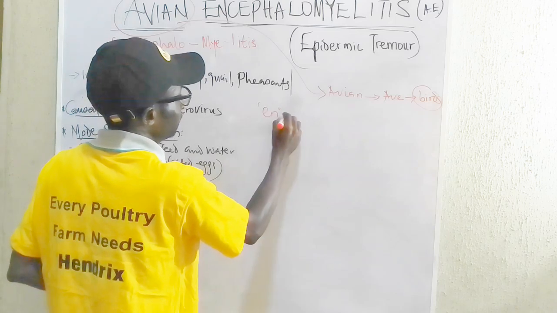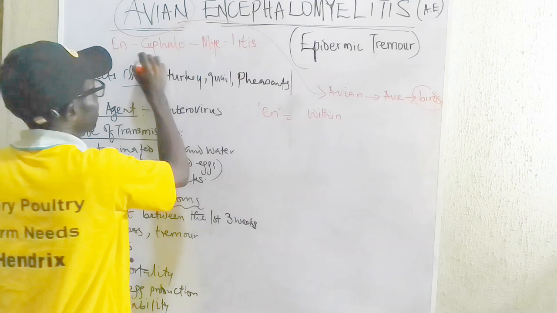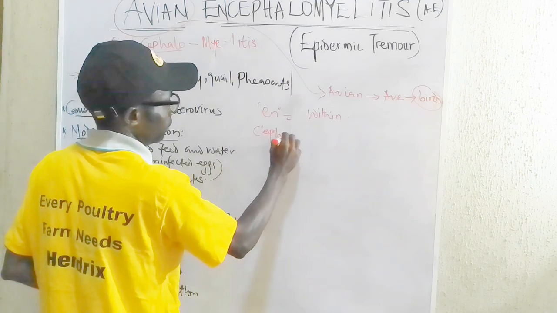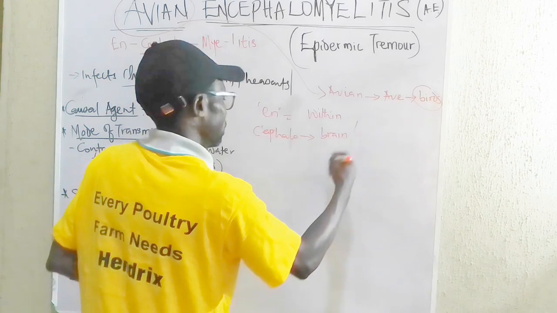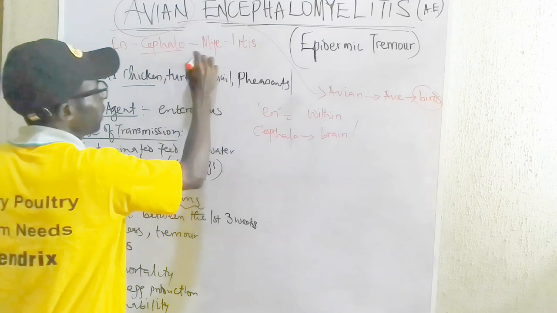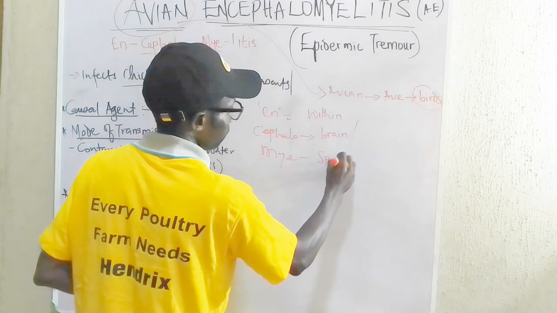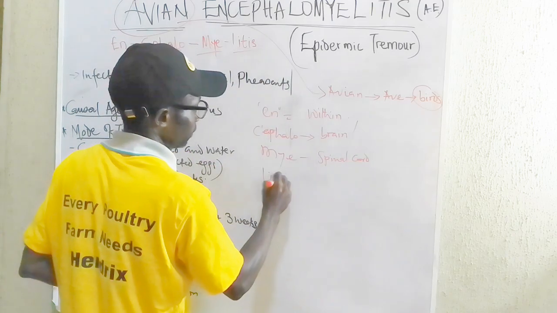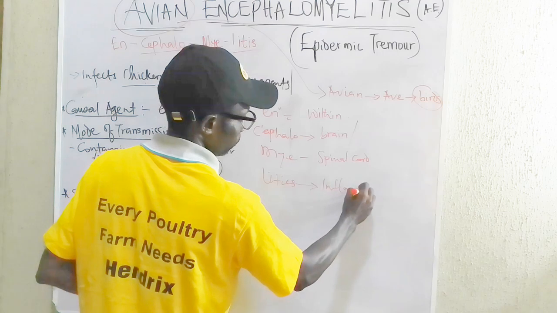En means within, then cephalo. Cephalo means the brain, then myelo means the spinal cord, and then itis means inflammation.